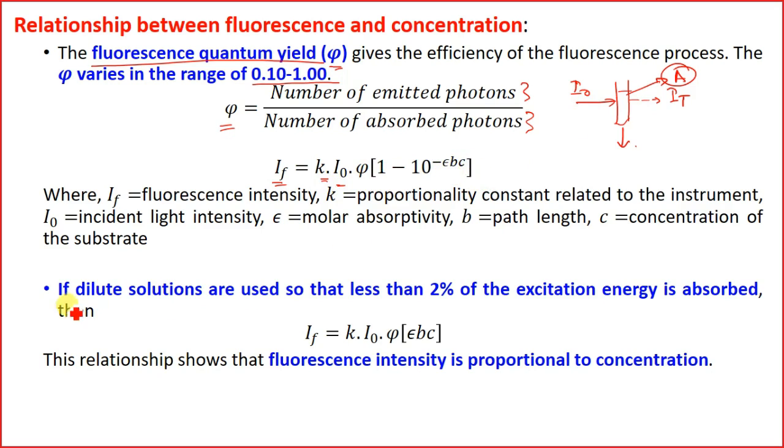Now you have to remember that if dilute solutions are used, then less than 2% of the excitation energy is absorbed, and under this condition the fluorescence intensity becomes proportional to the concentration.